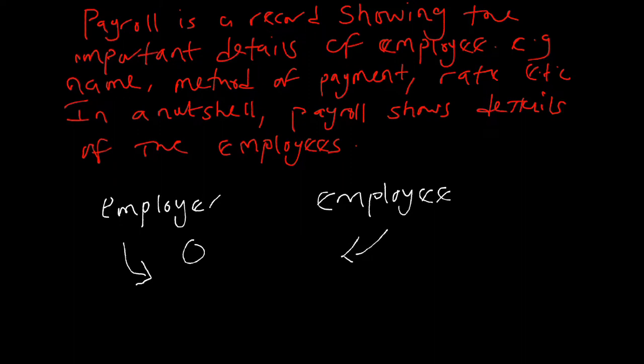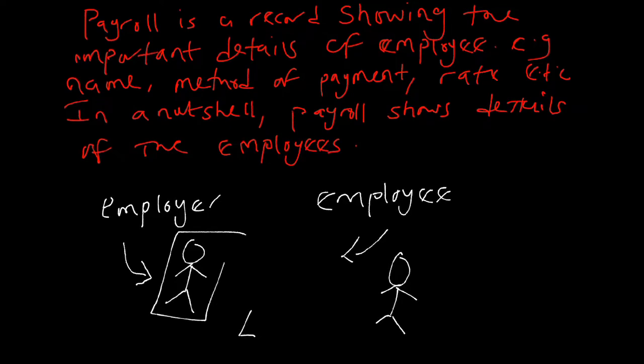So if Mr. A owns a company and is looking for laborers, and here is Mr. B who needs work, Mr. A is an employer, Mr. B is an employee. So payroll shows the important details of the employee.